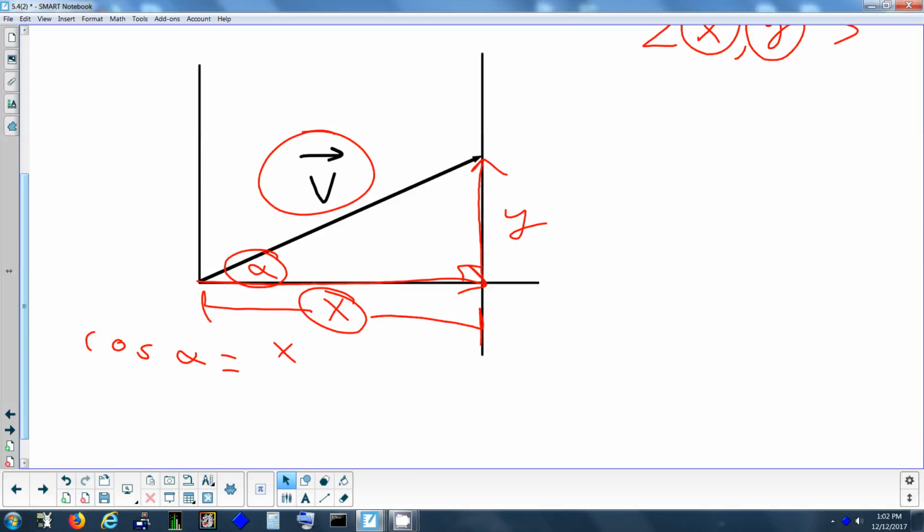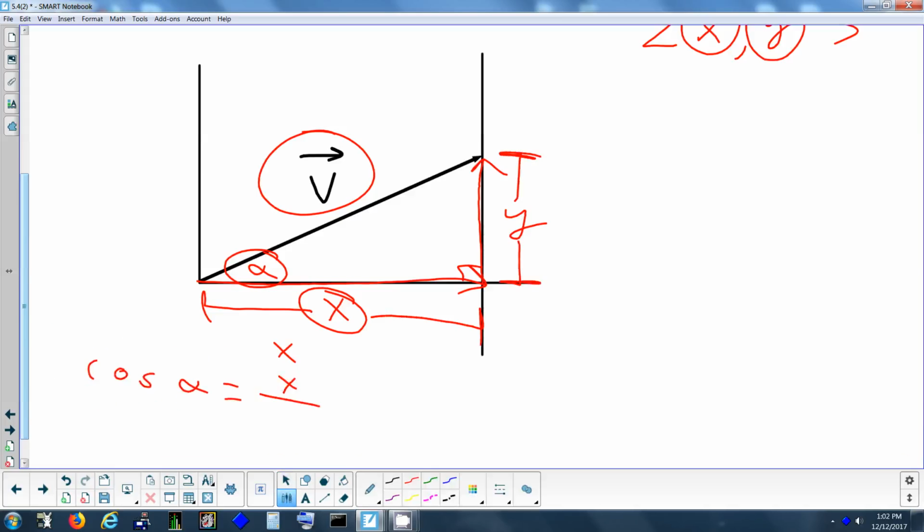Just want to make that clear. Y is the length from here to here. Okay, so cosine of alpha equals adjacent over, and what goes in the bottom? Just in general for cosine. What is it? Hypotenuse.